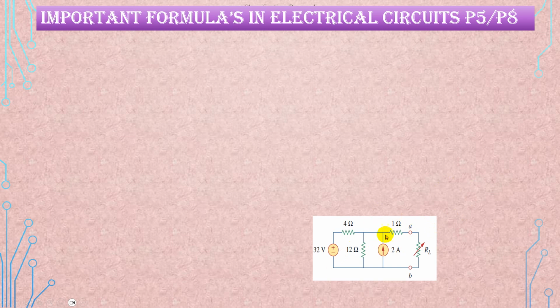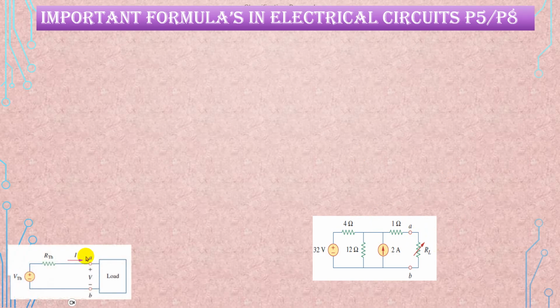Once this circuit is fixed, then whatever changes we make in the load resistance value, we can directly get the current and the voltage across this resistance in one equation. Across A and B nodes we are connecting the load resistance.